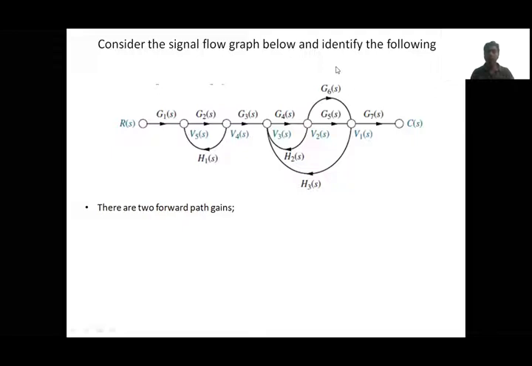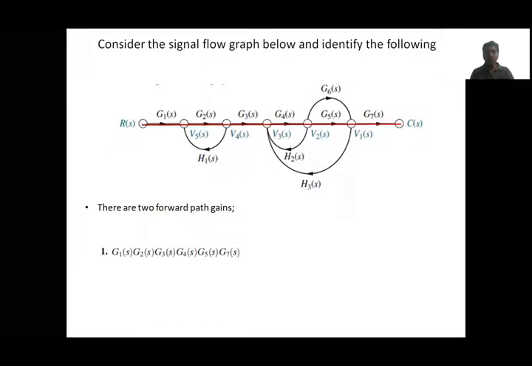A forward path must exist between input and output. See, this is a straight line from R to C of S, a single unidirectional path. This is a forward path, the first forward path.